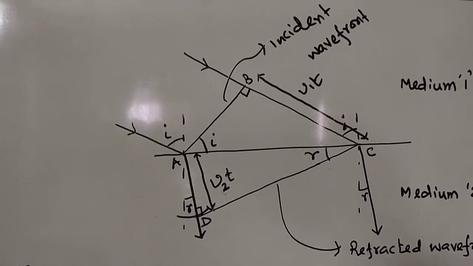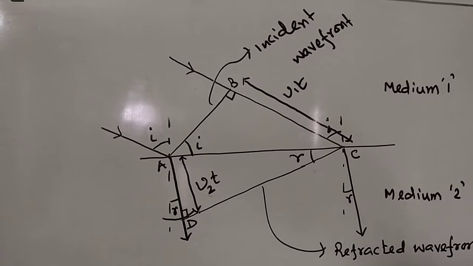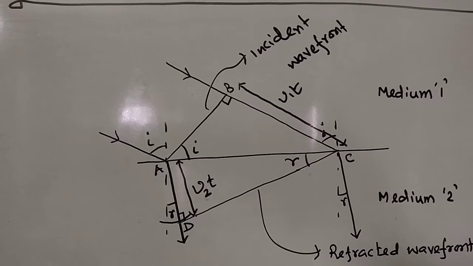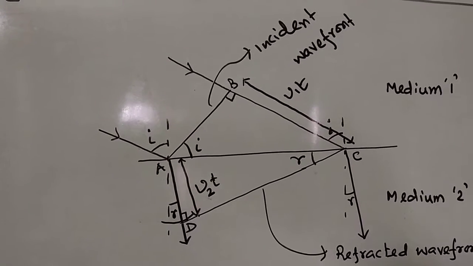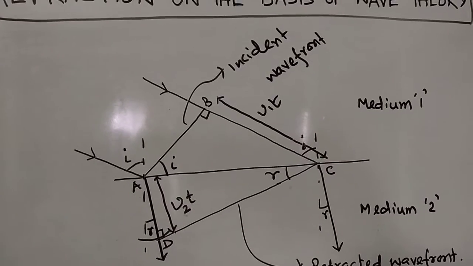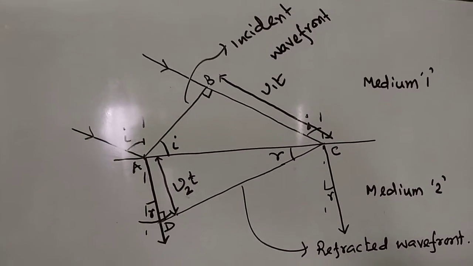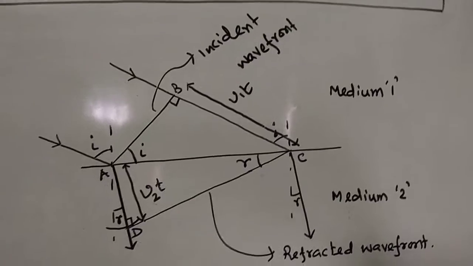One is v1t, another one is v2t. Once we construct the arc, we draw a tangent considering the point C. So CD is the refracted wavefront.